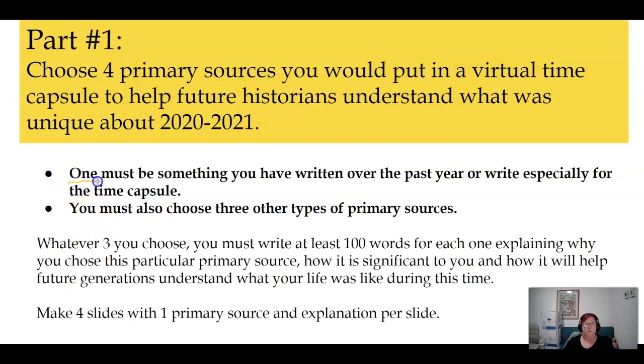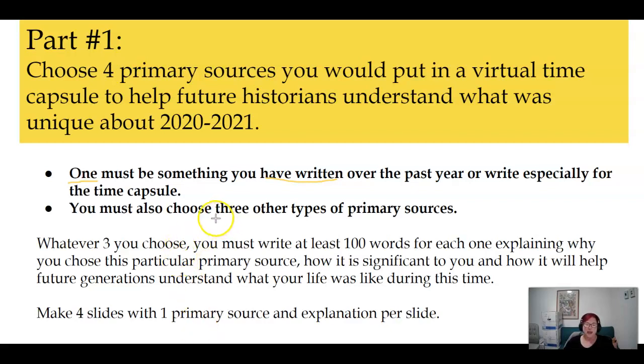Okay, one must be something that you have written over the past year, or write especially for the time capsule. That means of the 4 different primary sources, one must be a written source that you produce, not something that you find that somebody else wrote.